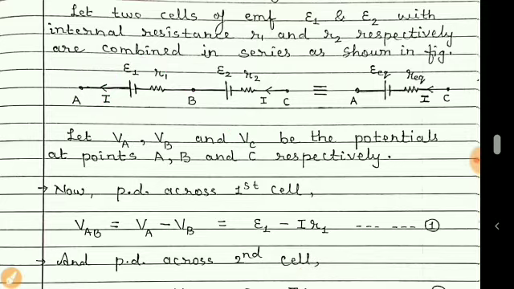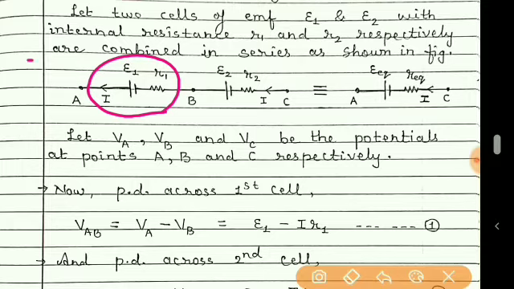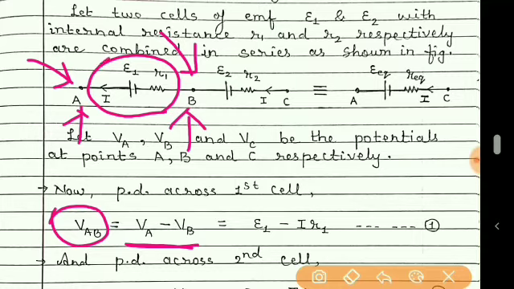So if we consider only the first cell, then potential at point A minus potential at point B is called VAB, that is VA minus VB. Potential difference across both these points where the cell with EMF epsilon 1 is connected.